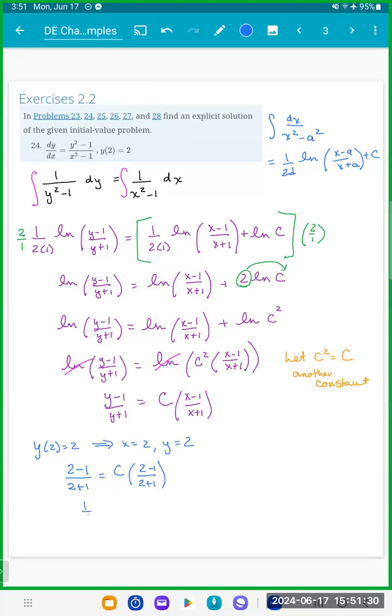So that gives me 1/3 equals C times 1/3. Therefore, C is equal to 1. So when we put that value in the above equation, then we get (y minus 1)/(y plus 1) equals (x minus 1)/(x plus 1). So essentially, we get that y is equal to x.